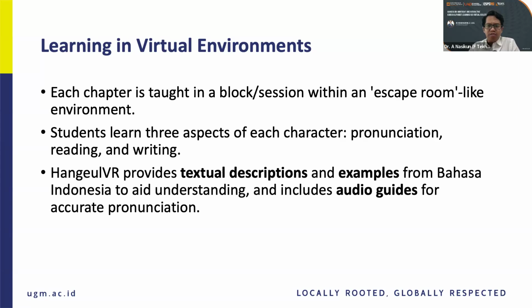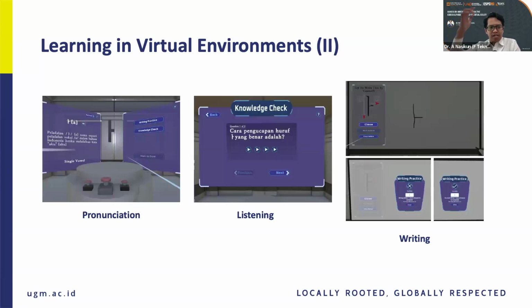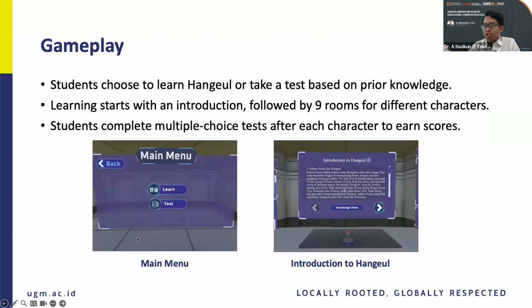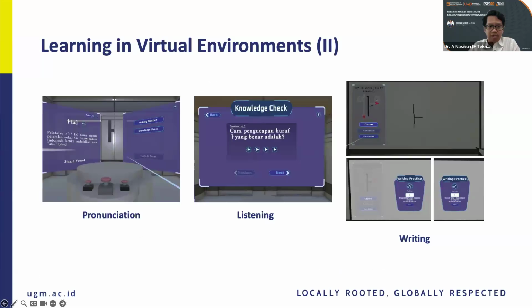And we'll show you some of the results. We have 3 different tasks, so 3 different aspects of the language. In the first setting, we tell the students how to pronounce this letter.